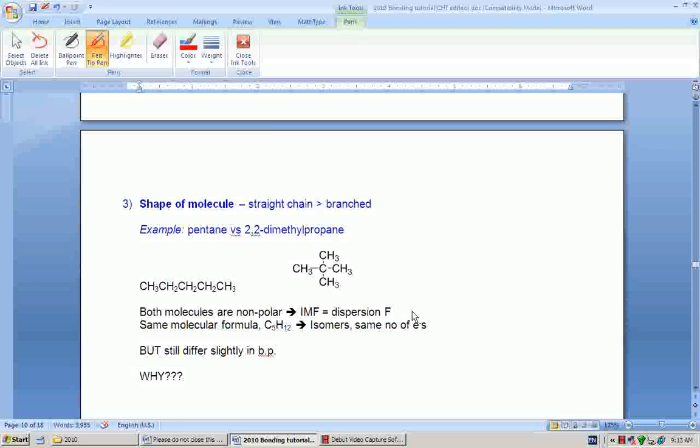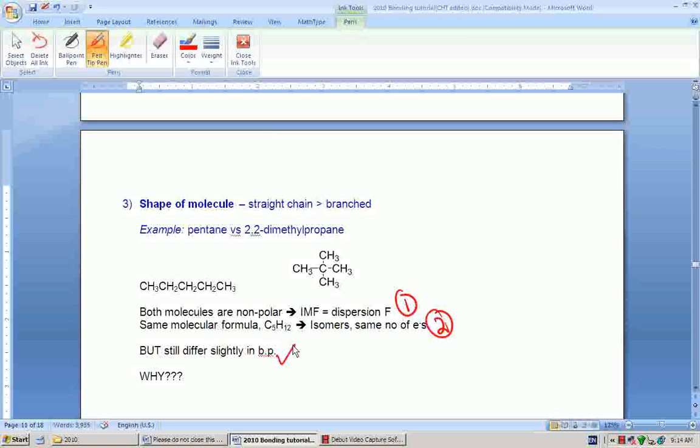So this is actually factor 1. We consider the nature. Both have the same nature, right? Both have the same intermolecular force of attraction. Second, it will be the number of electrons. We try to compare and we realize that same number of electrons. So we cannot use these two factors to explain the boiling point, because in reality they still differ slightly in the boiling point.